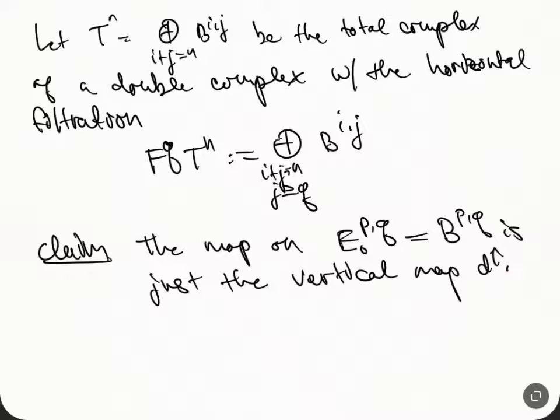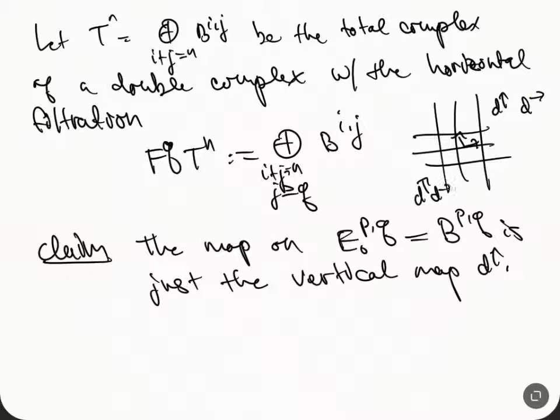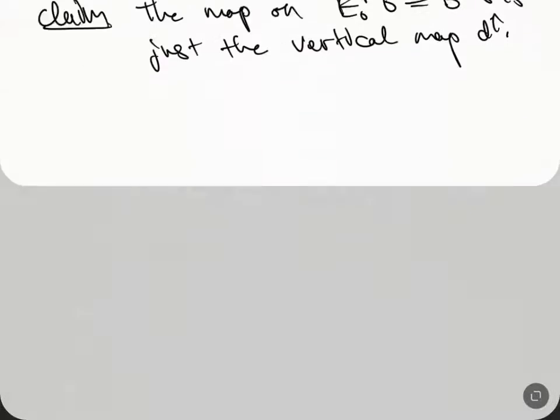Okay, so we're recalling that this double complex has two directions, up and side, and we have this d up, d side, and that d up d side plus d side d up is 0. Okay, so this is the claim, and we're going to do a proof by picture. Whenever we can do proof by picture, it's the best.